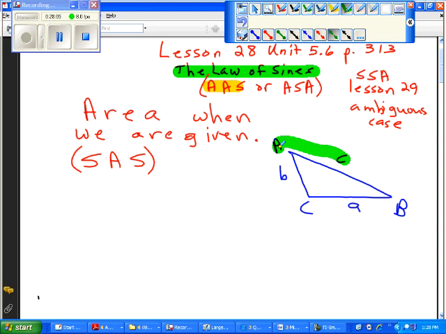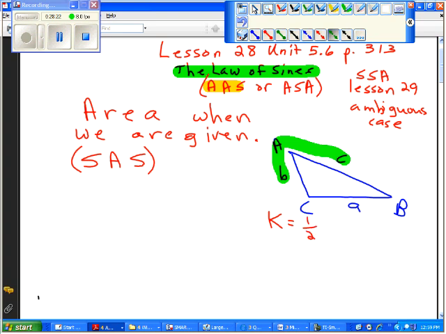Side angle side. I could be given that side, that angle, and that side. You realize that? If I was given that side, that angle, and that side, then my area K. Now we're going to call area K so that we're not getting it confused with little a, okay? Is equal to 1/2 the product of the sides BC times the sine of the angle A.